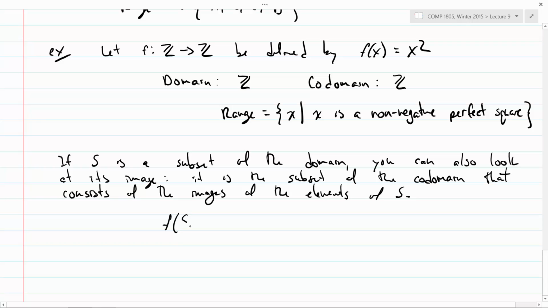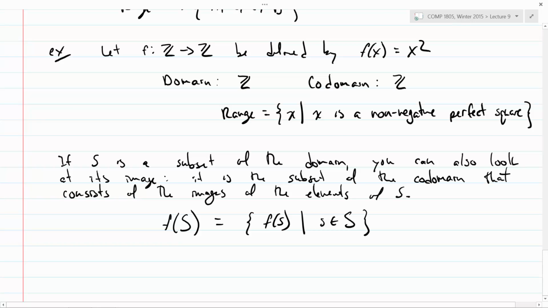We say f of S, which seems weird, right? This is technically not good notation because it only makes sense to stick in elements of the domain. But we just use this notation because you get used to it after a while, I guess. So the image of S is the set of all images of elements of S.